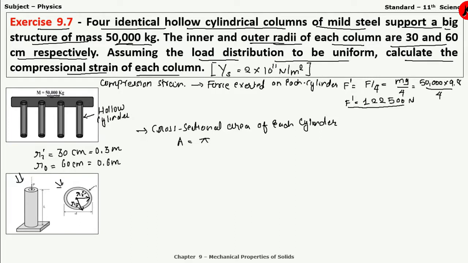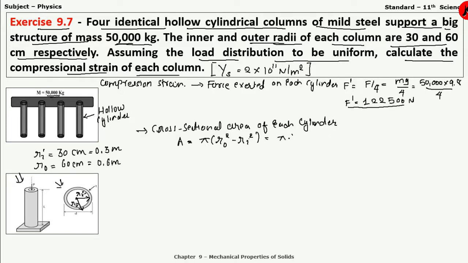Here we have the inner radius and outer radius, so the cross sectional area A equals pi into outer radius square minus inner radius square.